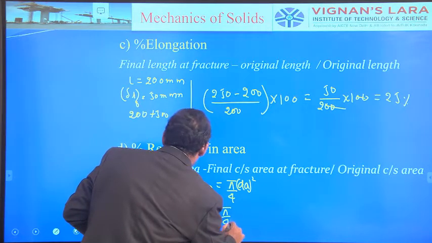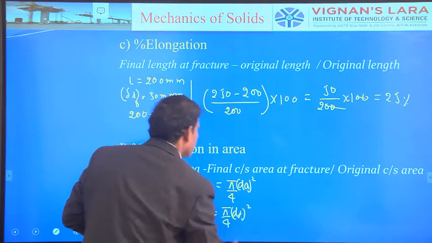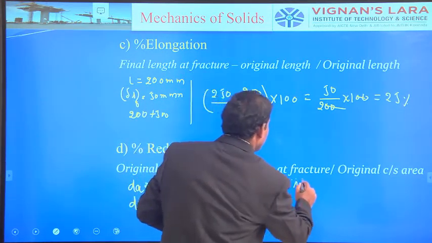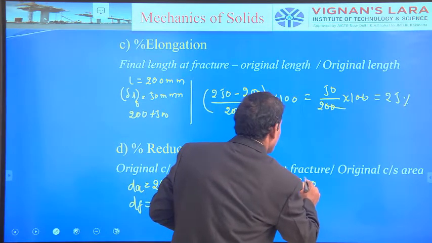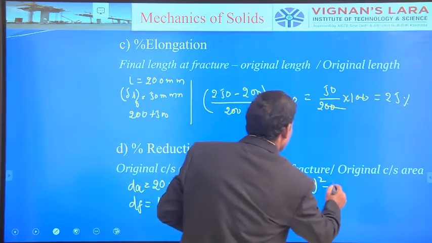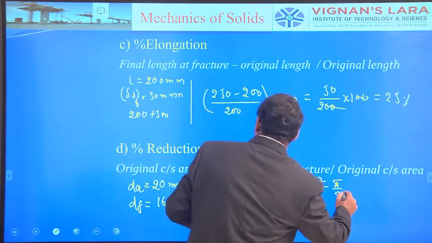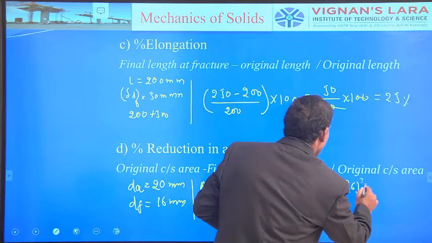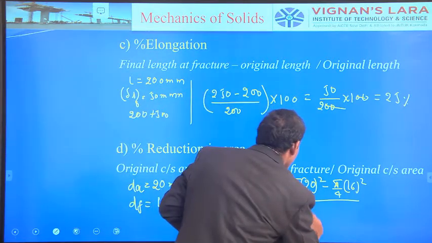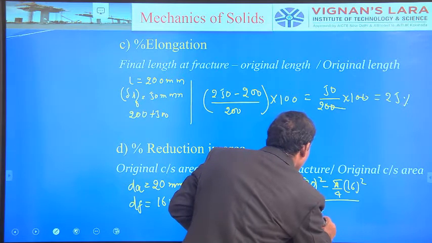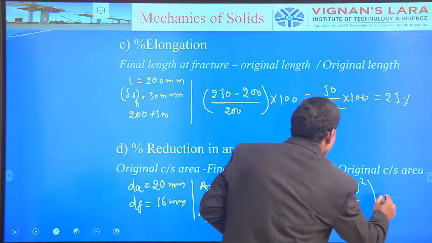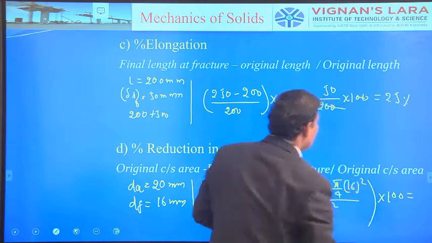Pi by 4 d F whole square. So finally it is pi by 4 20 square minus pi by 4 d F, that is 16, whole square, whole divided by the original cross-sectional area, pi by 4 20 whole square, into 100. So we will get the percentage of reduction.